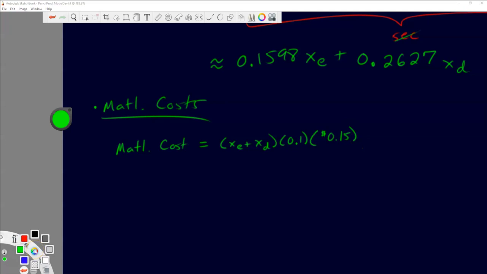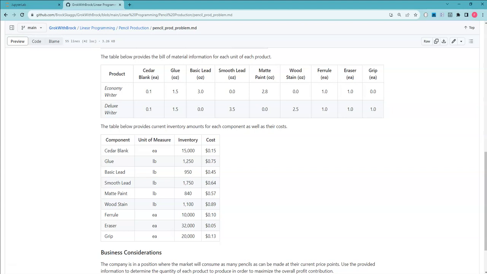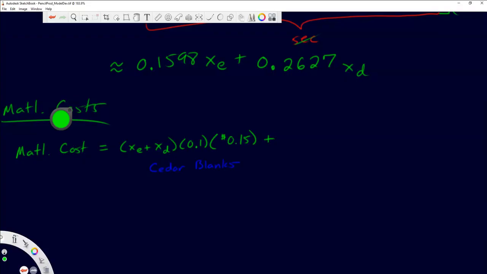And just to keep track here, these are the cedar blanks. And then we're going to have a similar expression as we go through all the other components. The glue, we've got 1.5 on each of the products.